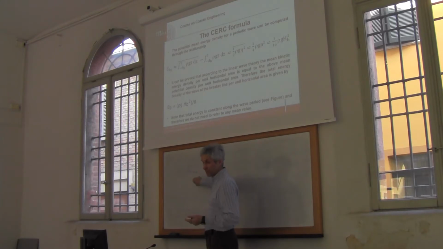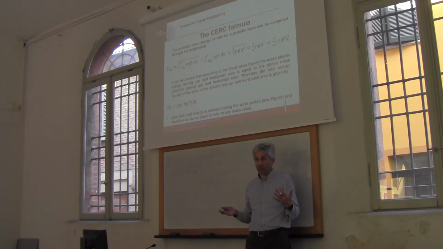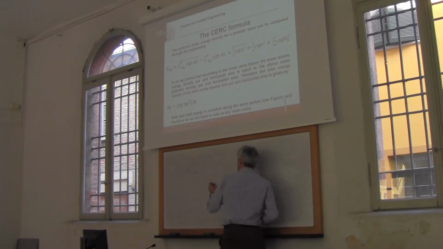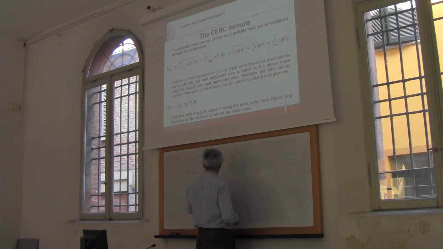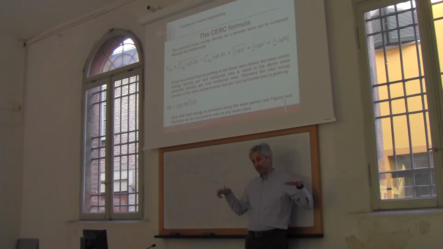E stands for potential. So basically you have to get an integral, because any fluid particle has a different potential energy inside the wave. Given that for varying the position of the particle along the vertical direction I have a different potential, I need to compute an integral, and I extend the integral from minus dB. What is dB? It is the depth of the sea bottom with respect to the mean sea level.